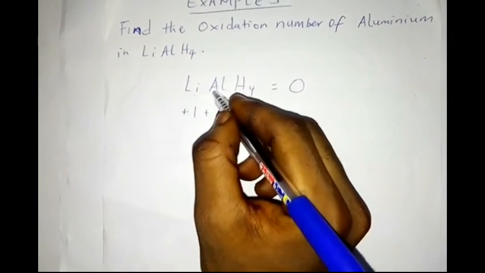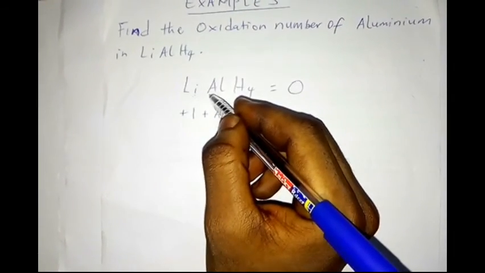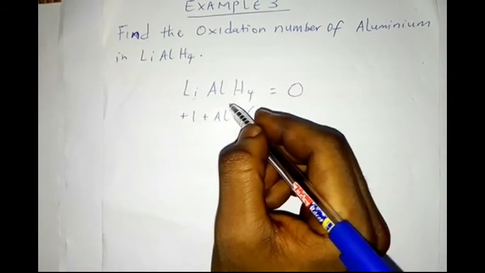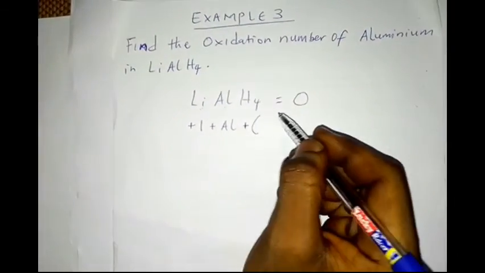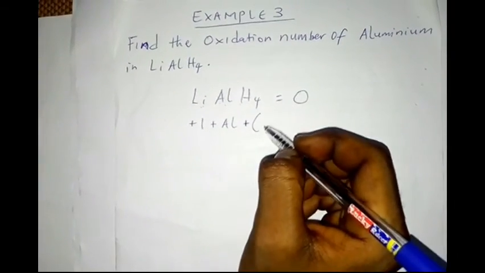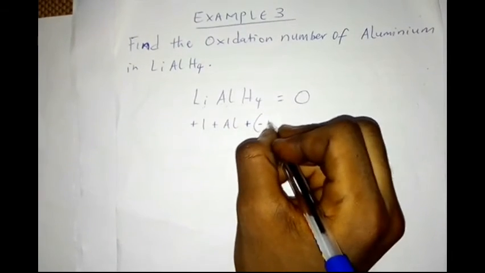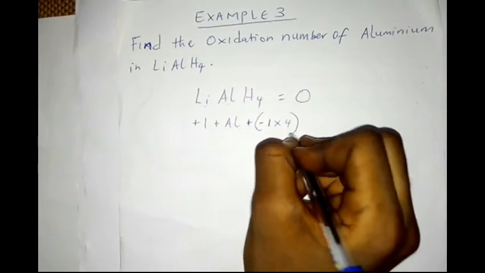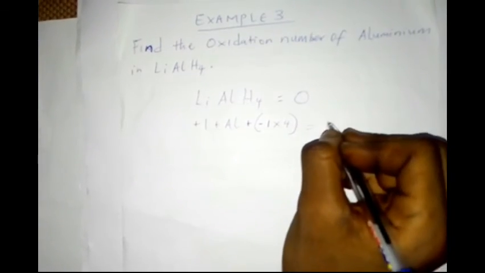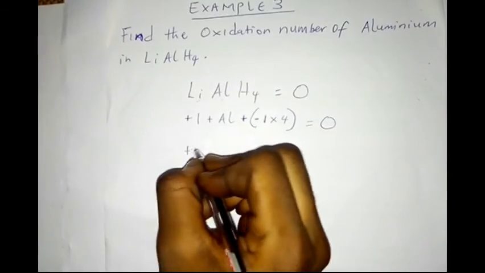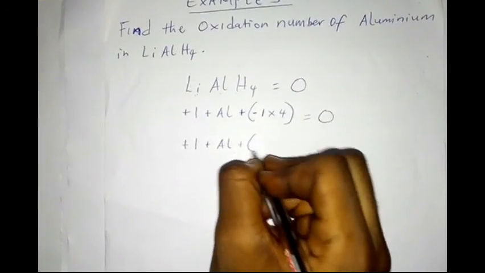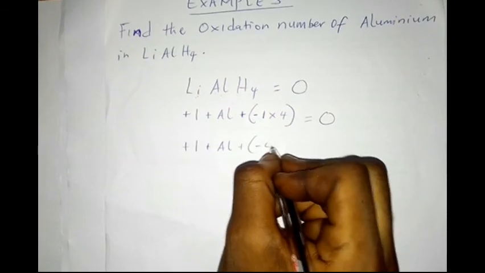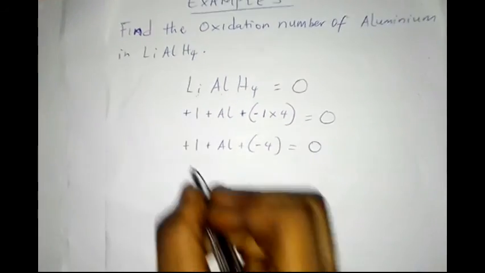Because it is combining with metal, and remember that the rule says when hydrogen is combining with metal in form of hydride, it has an oxidation number of -1. So we are going to have -1 multiplied by 4 atoms of hydrogen. Everything is equal to 0. Plus 1 plus Al plus -1 times 4, that's -4, is equal to 0.